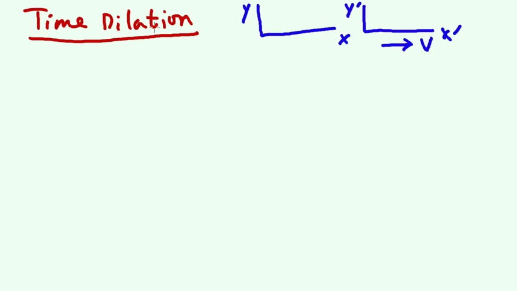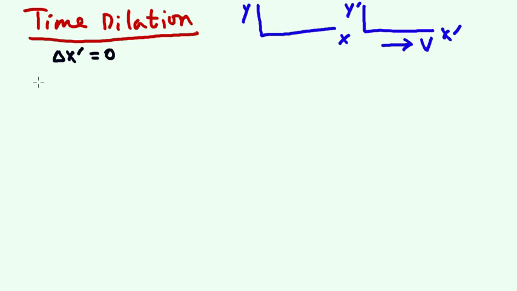In the time dilation effect, we're considering a moving clock which is at rest in this prime coordinate system. So delta x prime in that case is actually 0 by definition. So the equation that's convenient to use is the transformation equation that goes from the prime coordinate to the unprime coordinate system.